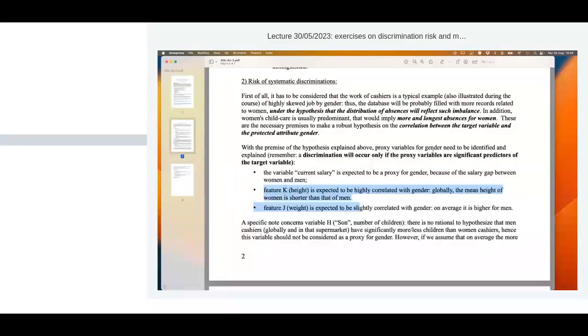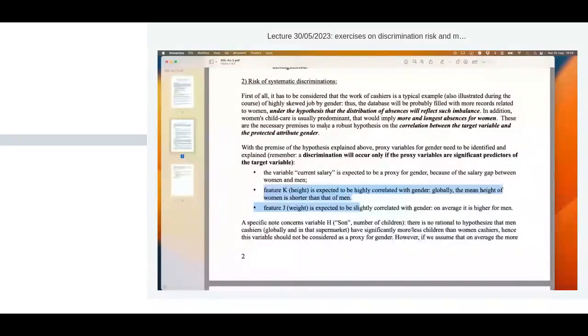There is also another aspect: cashier is a job that is usually done by women. So I also accepted such reasoning, that there will be a large imbalance in the data of women.